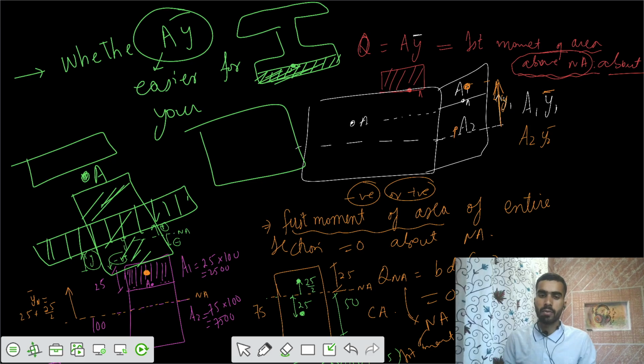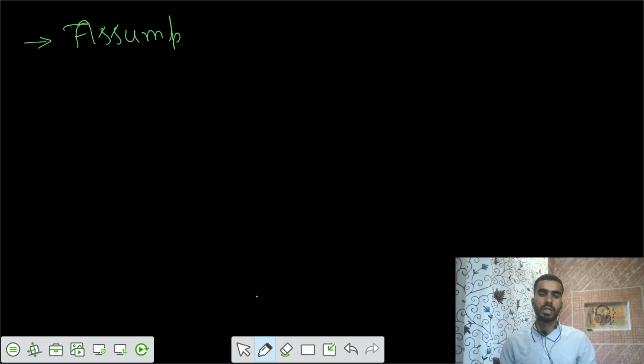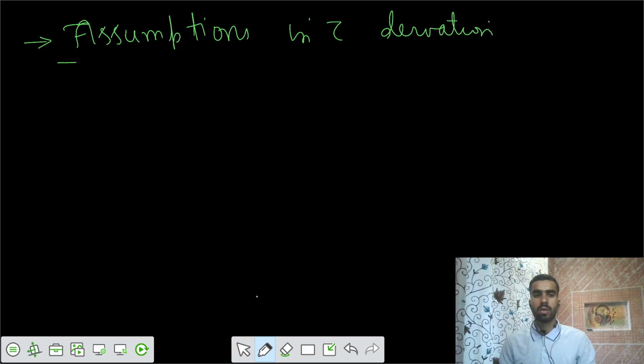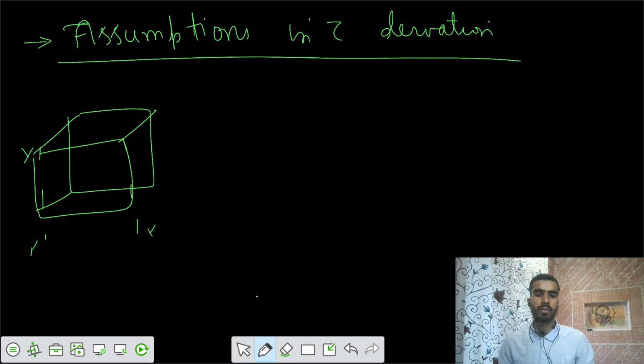Now we had some assumptions, but we had not discussed those in the shear stress calculations. So we write the assumptions in the tau derivation, the shear stresses. When we took the element between cross section XX and cross section YY, we said that there is some shear force acting.